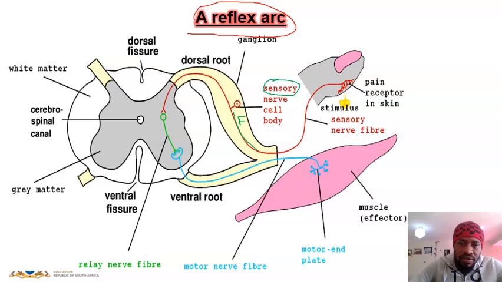And my second neuron, this one here, will be neuron A. That will be my connector neuron, or the relay neuron, the relay nerve fiber. That will be my A.